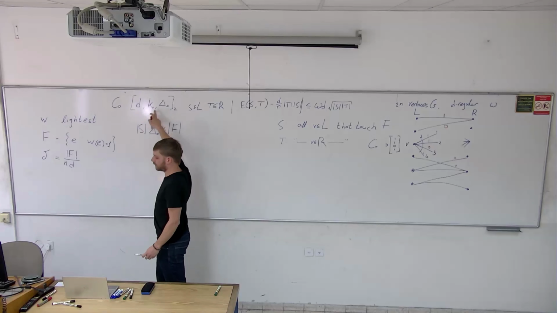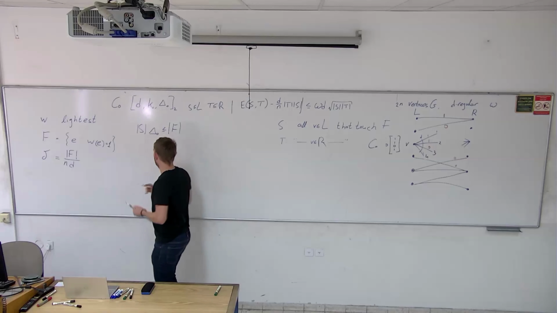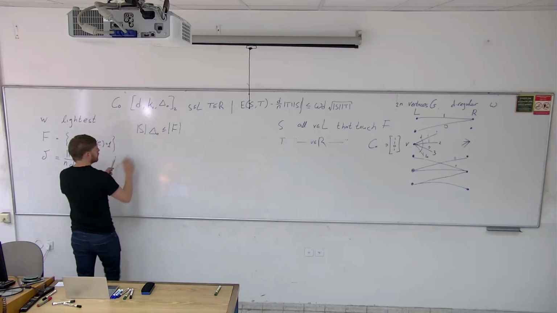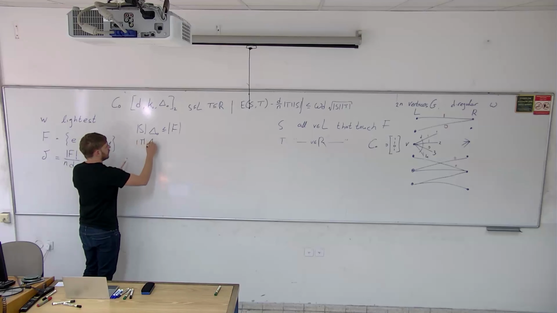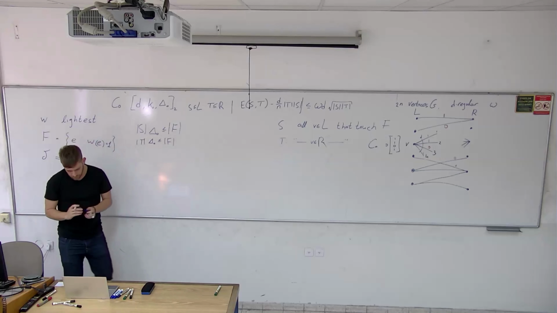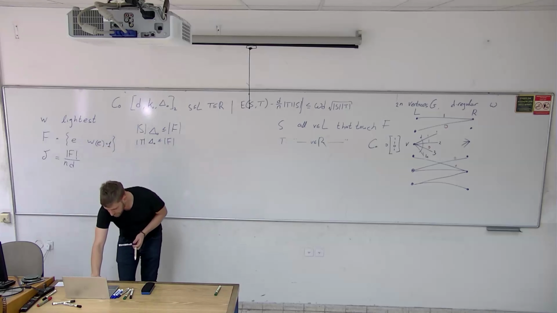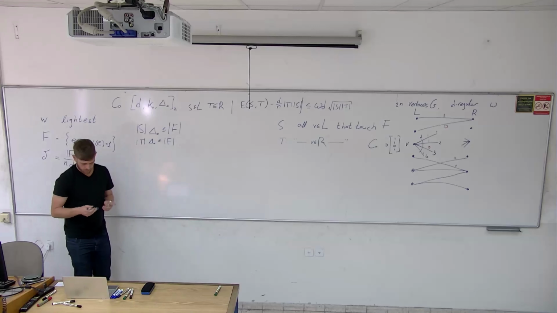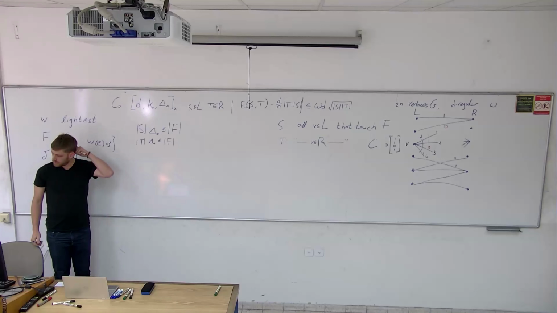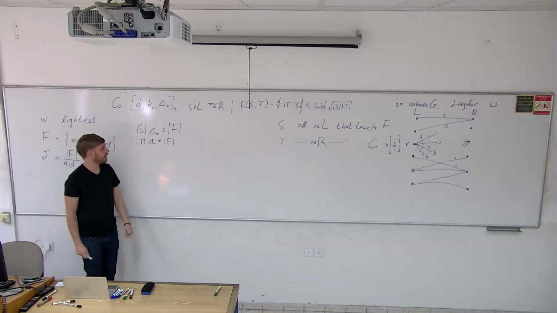Again, because it's a linear code. So each vertex in S sees at least delta 0 edges in F, and we have this relation. The same goes for T. Now let's use the expander mixing lemma in order to bound the size of it.